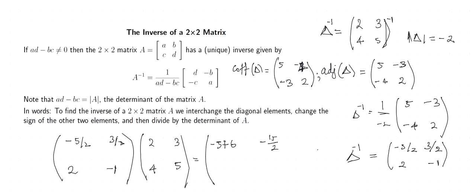Good. 4 minus 4, good, 0 is appearing. The final element, 6 minus 5. You are not doing the multiplication, again you are making a mistake. Yes, 6 minus 5.